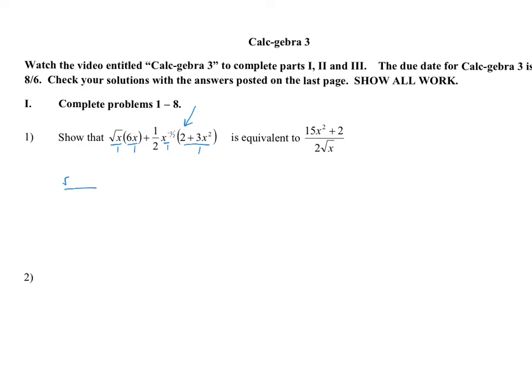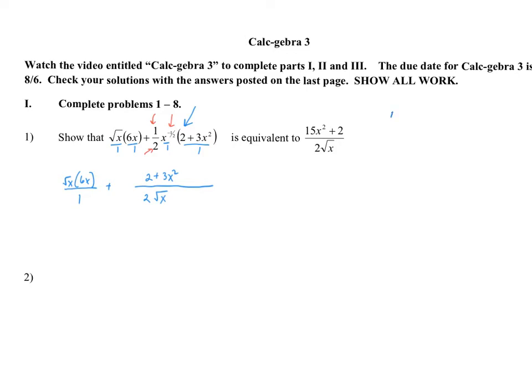So the square root of x is in a numerator and 6x is in a numerator. 1 is in the numerator. 2 is in the denominator. X to the negative 1/2 is in the denominator. That's equal to the square root of x in the denominator. And now 2 plus 3x squared stays in the numerator.